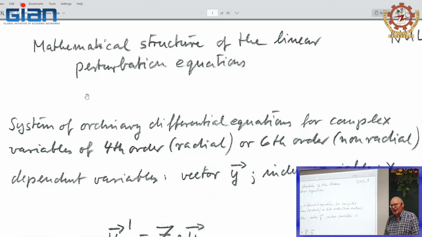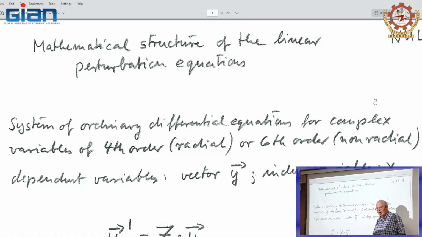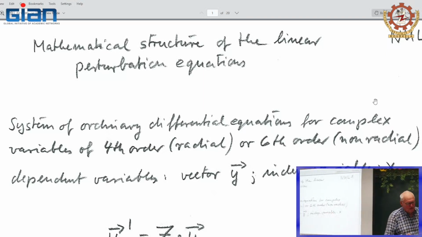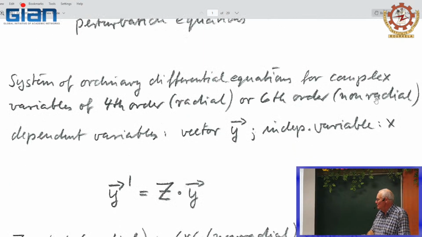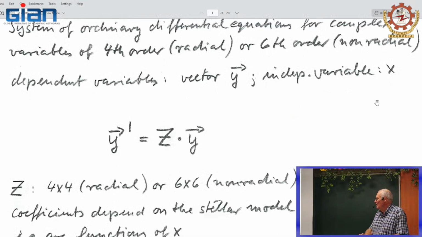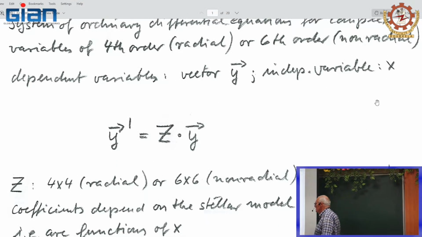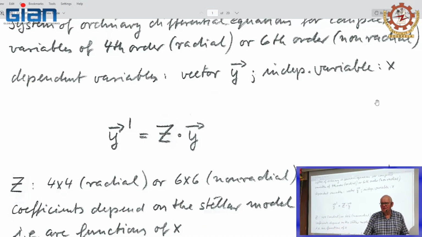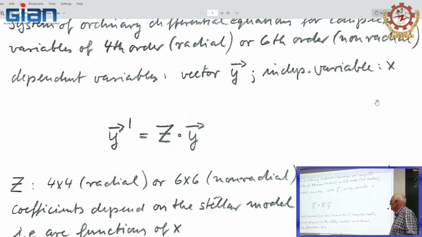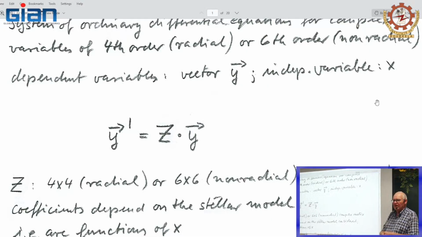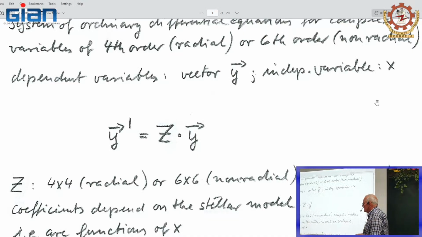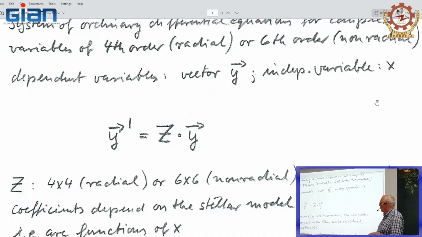If we combine all the dependent variables in a vector y and denote the independent variable by x, we may write this system of equations in the following form: y dash, this vector, is a big matrix times the vector of the dependent variables. This is a short way to write the differential equation in a matrix-vector form.